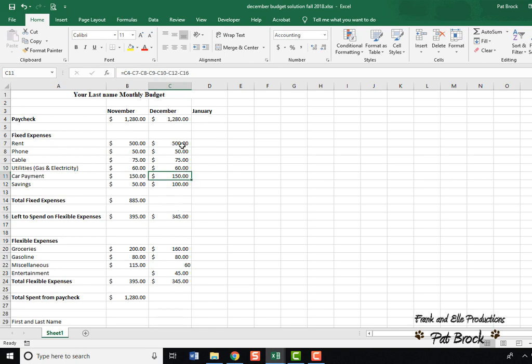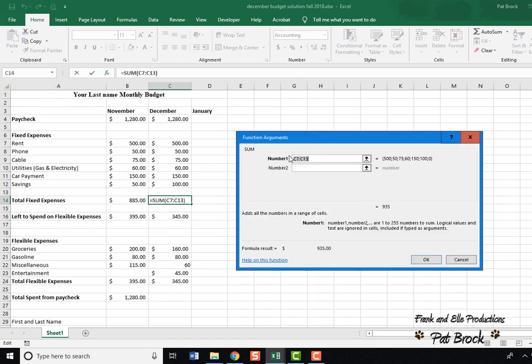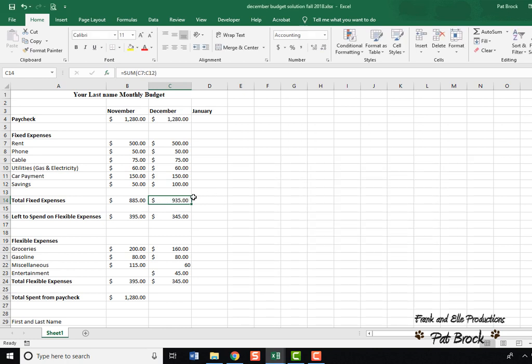So now what we're going to do is add up all our fixed expenses again, equal sum C7 colon C12. And click OK. So now we've spent $935.